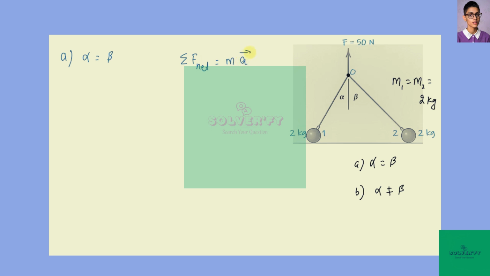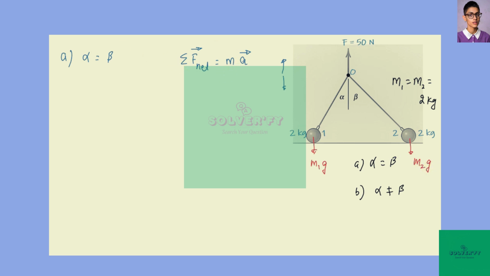This is a law. Now the net force, if we consider this as our whole system, so the net force acting on the system is, we are considering the force in the vertically upward direction to be positive and the vertically downward direction to be negative. So here m1g would be acting in the downward direction, and here m2g would be acting in the downward direction.